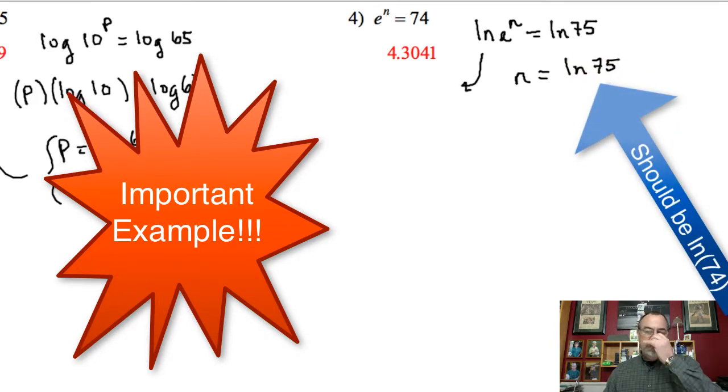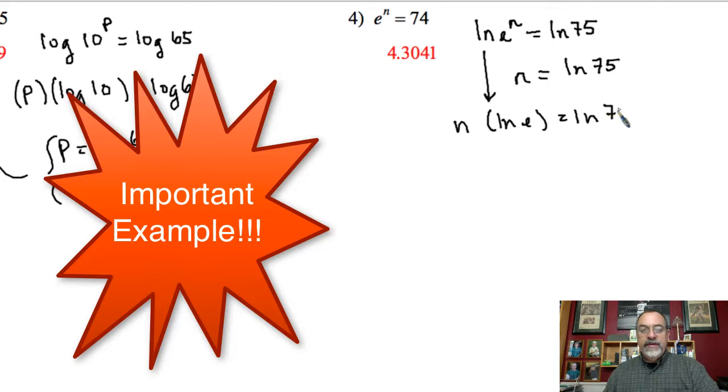So you'll notice there's kind of a step that we can skip there. Now, we could go through the process and end up with the same answer, but this is a little bit of a shortcut. We could apply the power property, natural log of e to the n equals natural log 75, and then divide by the natural log of e, but the natural log of e to what power will give me e?